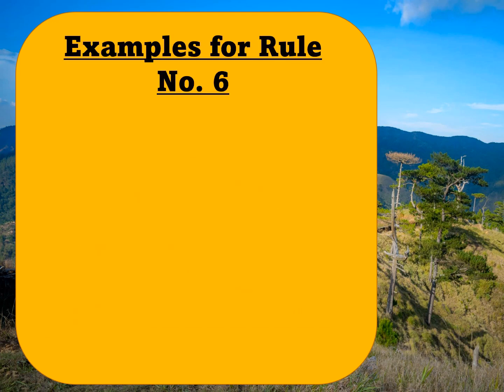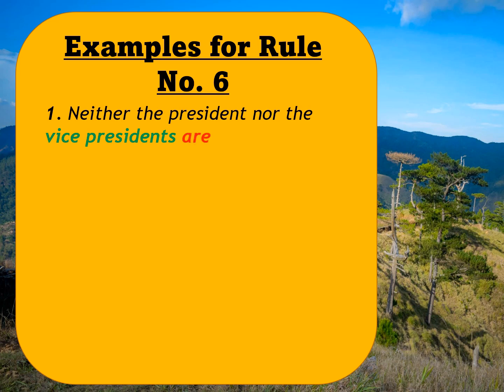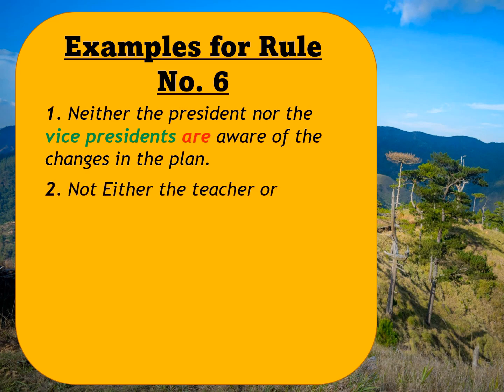Examples for rule number 6. Number 1, neither the president nor the vice presidents are aware of the changes in the plan. Number 2, not either the teacher or her students are invited to the exhibit.